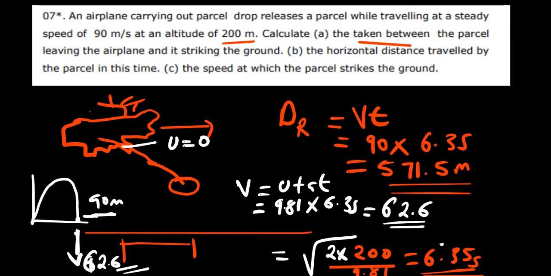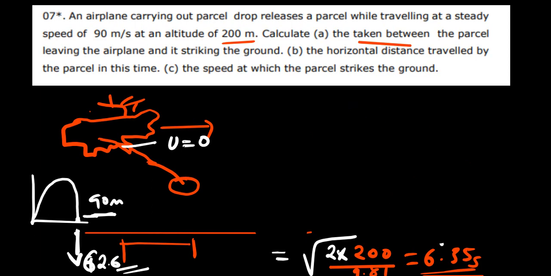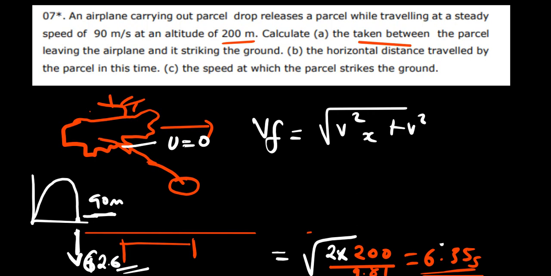Now for us to find the final velocity, we're going to say the final velocity will just be equal to the square root of the velocity squared in the x plus the velocity squared in the y, because it's a projectile. So what are we going to have?